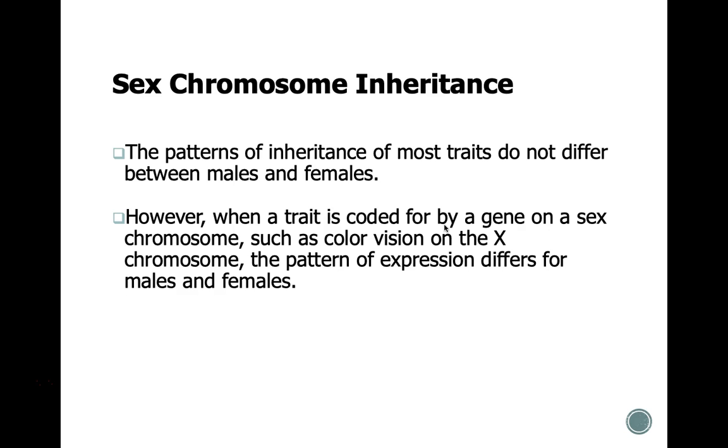Queen Victoria was thought to be a carrier, meaning that she had a recessive hemophilia allele on one of her X chromosomes. If you Google hemophilia pedigree Europe, you can see that I believe there are no females that are actually affected by hemophilia because it is following this X-linked or sex-linked pattern of inheritance.